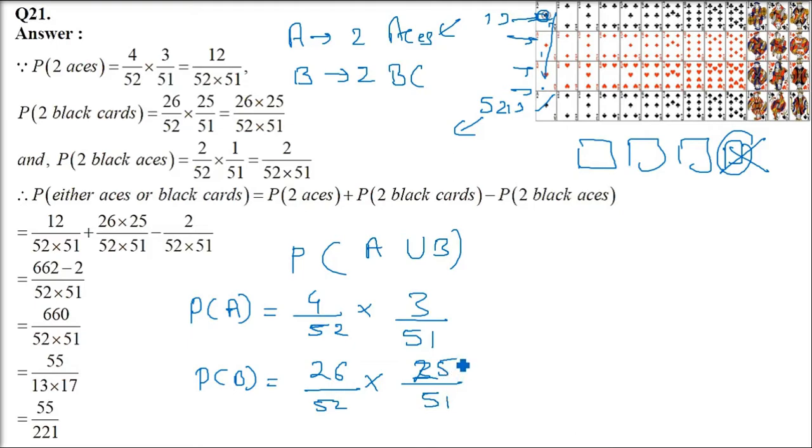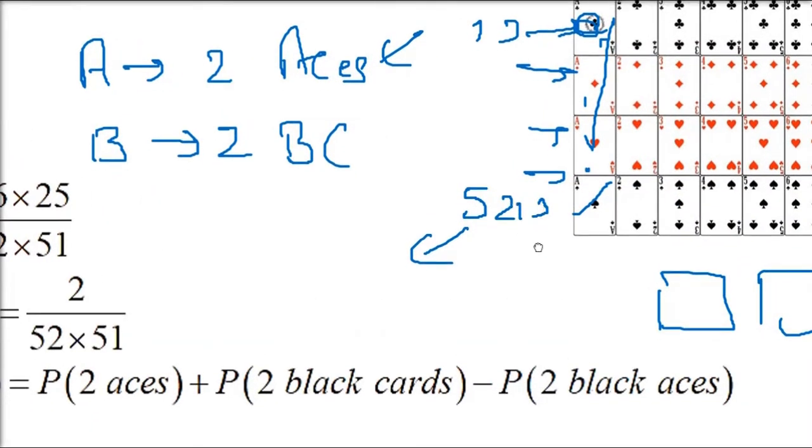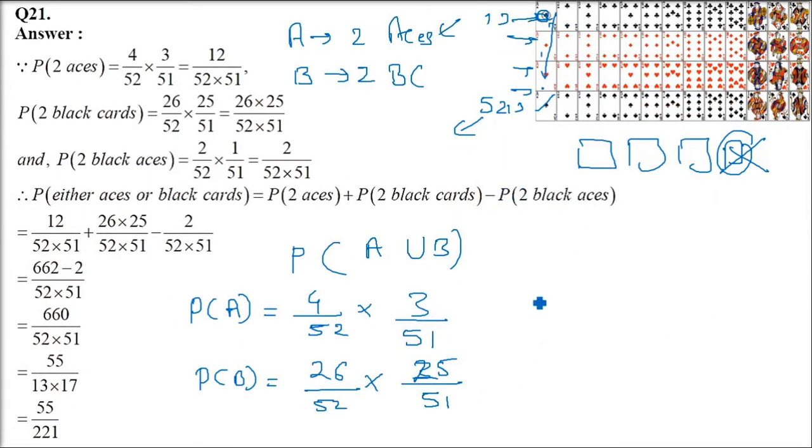Okay. Now coming to the intersection. A intersection B. So they have to be black also. They have to be aces also. So there are only 2 aces which are black. So what you will do? PA intersection B. See, there are only 2 cards. So 2 by 52. You can pick one of these in 2 by 52 ways. Now you have already picked up.